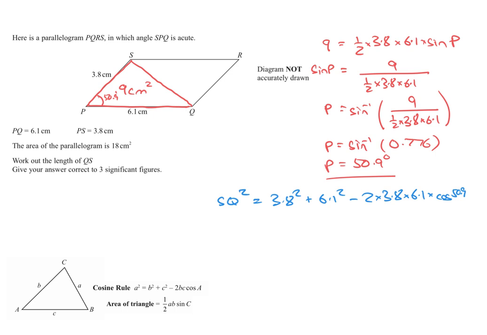If I work out everything on the right hand side correctly, I will get the number of 22.4 and some decimals after that. So SQ is equal to the square root of 22.4. So SQ is equal to 4.74, and that is centimeters.